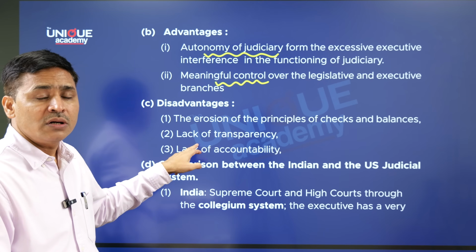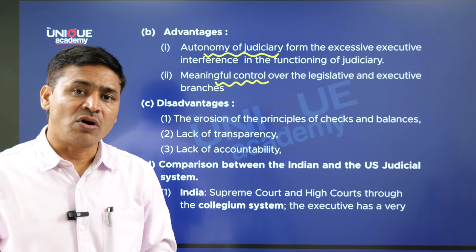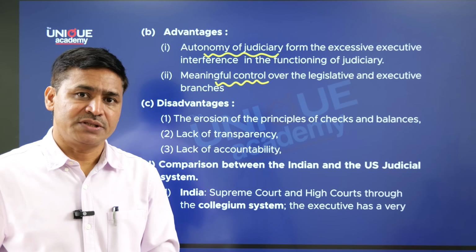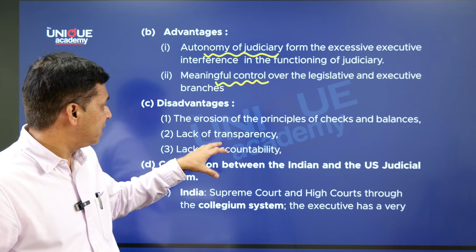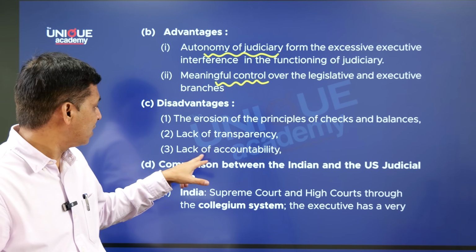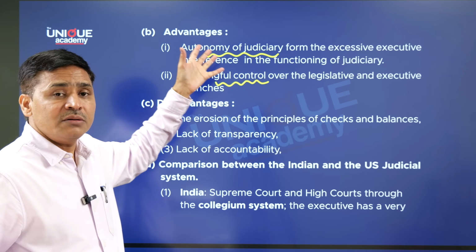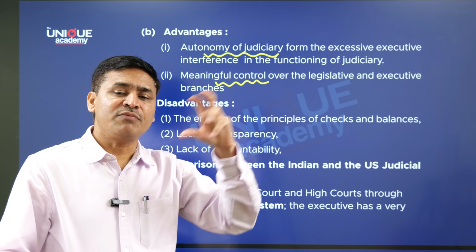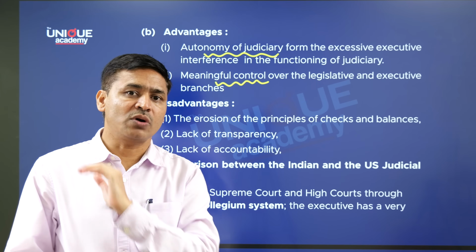Number two, there are certain very valid criticisms of the present collegium system. I have just made a mention of two such critical aspects. One is the lack of transparency. The process is not transparent, and there is lack of accountability. So yes, a central advantage of the collegium system is the autonomy and control of the judiciary over others.